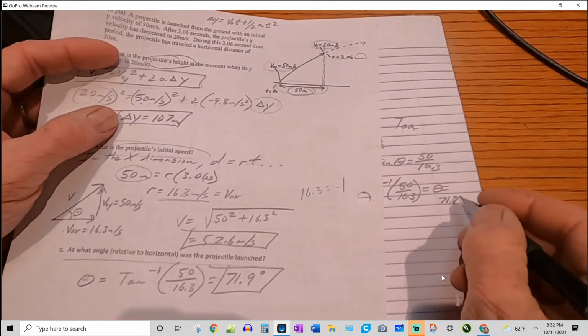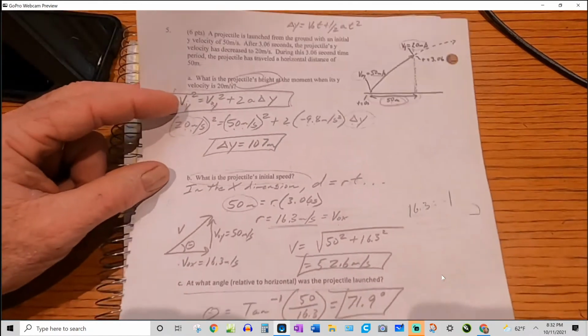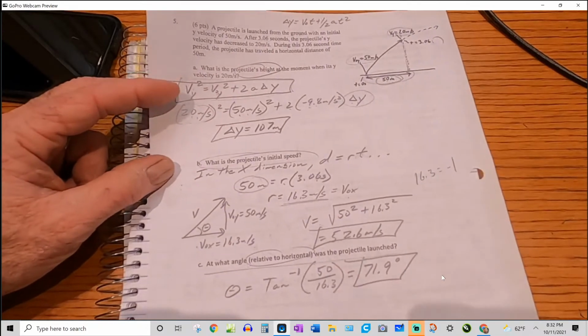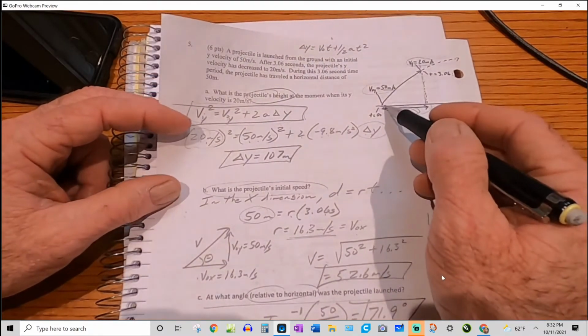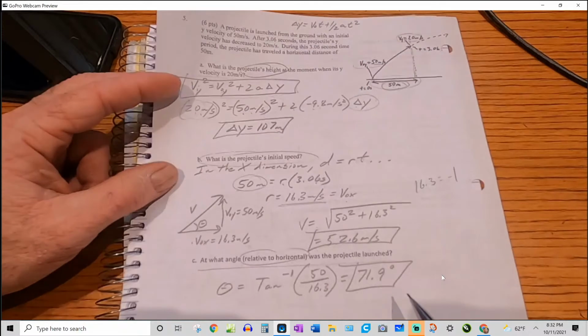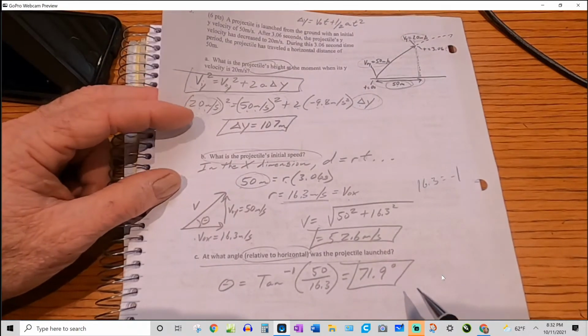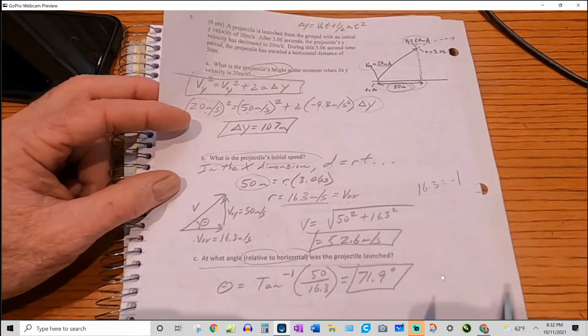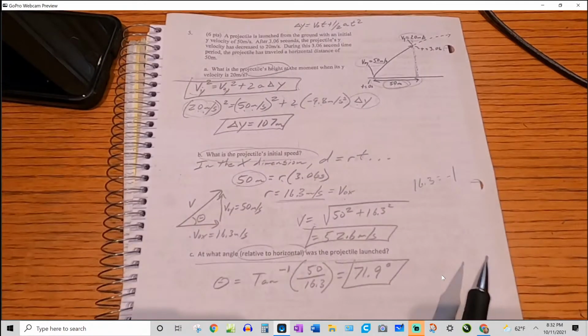A lot of people wanted to say north or south or something like this, but this was just the angle relative to horizontal. It's above horizontal, technically. You're not going to shoot it very far, shooting it below horizontal from the ground.